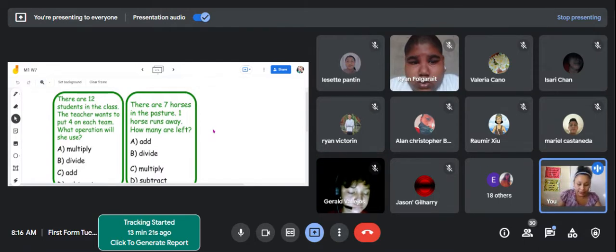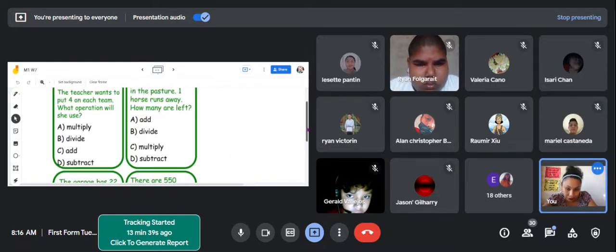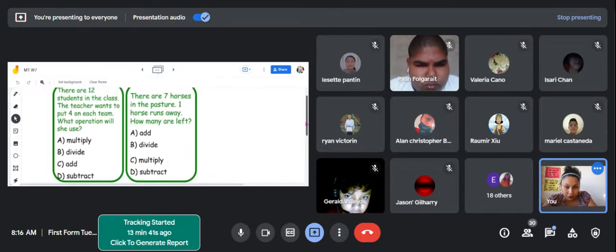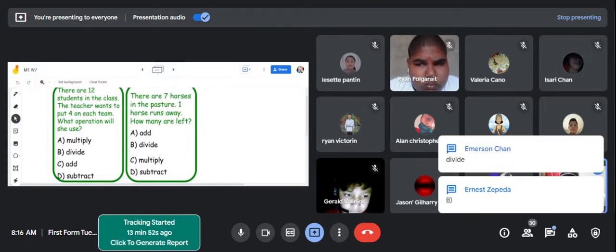The first one says, there are 12 students in the class. The teacher wants to put 4 on each team. What operation will she use? What operation are we using in this question? Divide, miss. Divide. Division, very good.